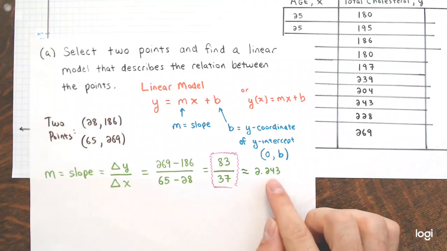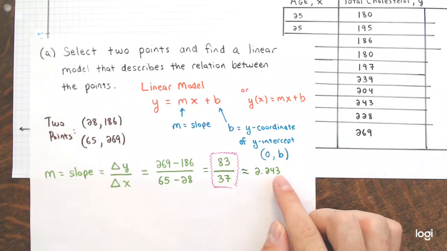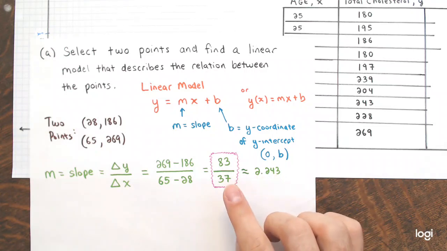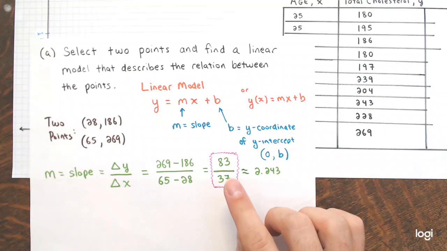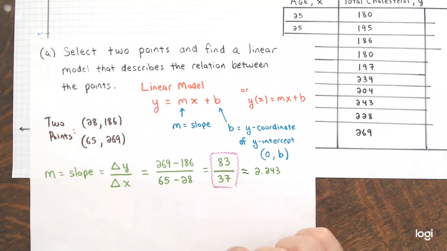So yes, this is the slope of the line rounded to the nearest thousandth here, 2.243, but I'm going to keep it as this exact fraction, right? 83 over 37.